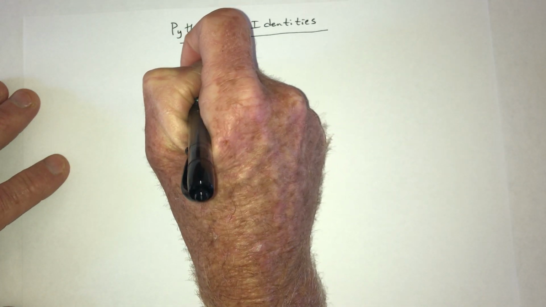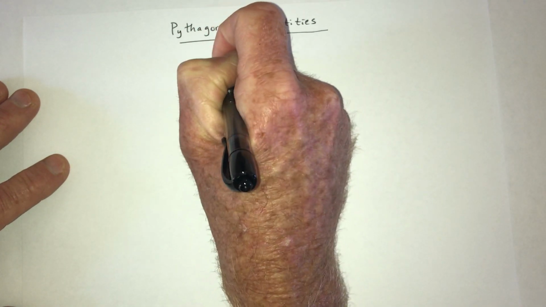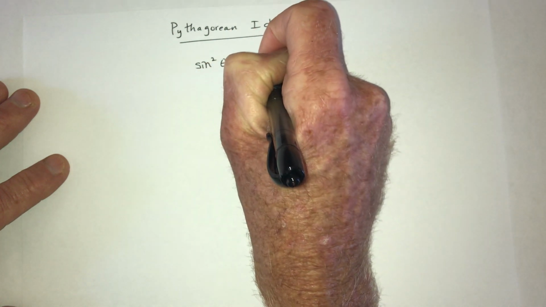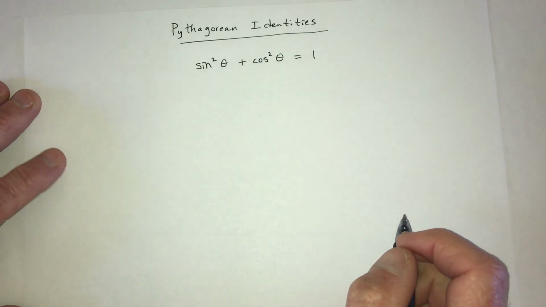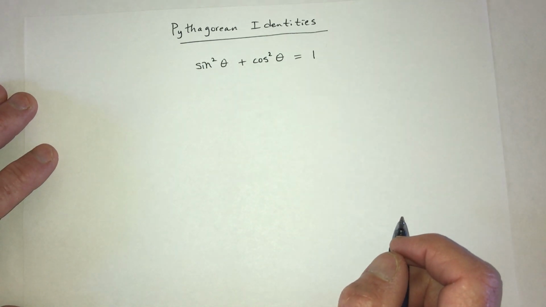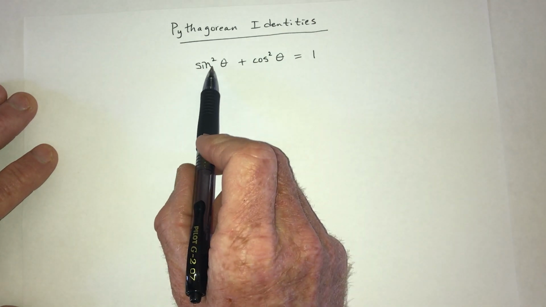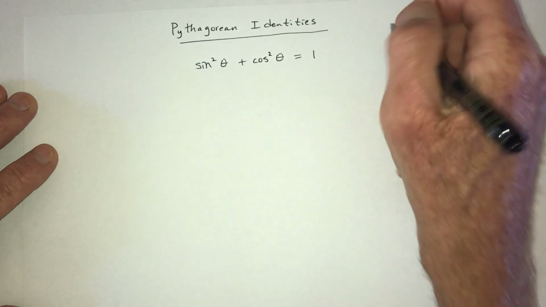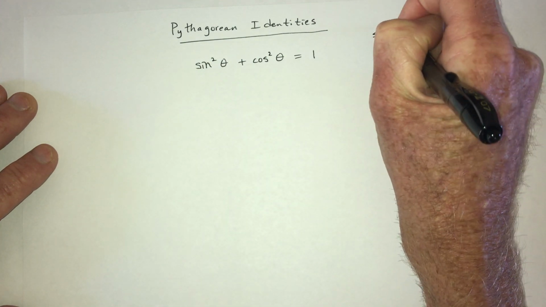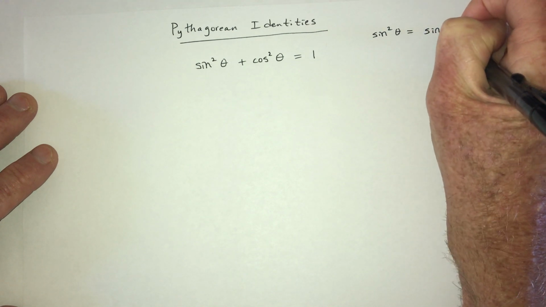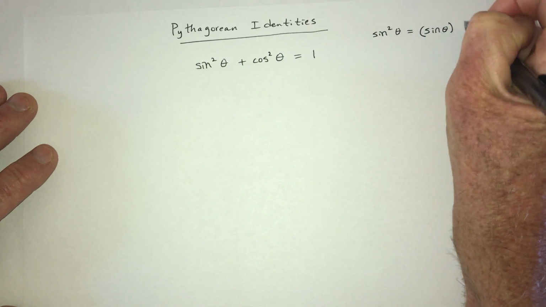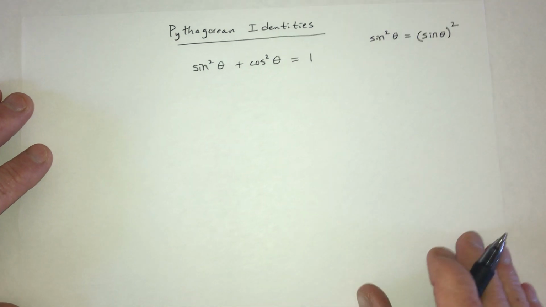One of them goes like this: sine squared of theta plus cosine squared of theta is always equal to 1. Now this notation, this is the way that we write it, but when we write it like this, it literally means take sine of theta and square the whole thing.